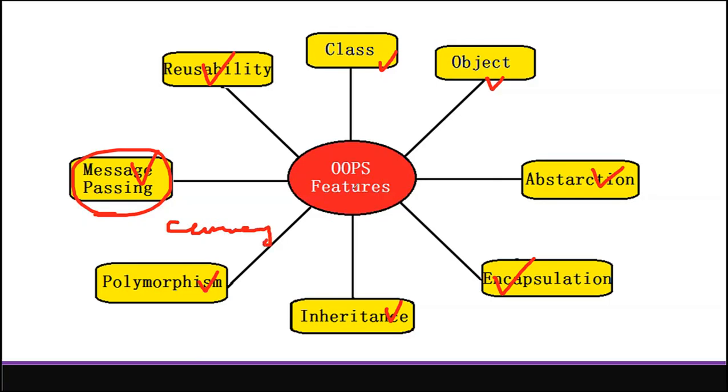So some programming languages like Java do have message passing features. So these are among the features that object-oriented programming supports.